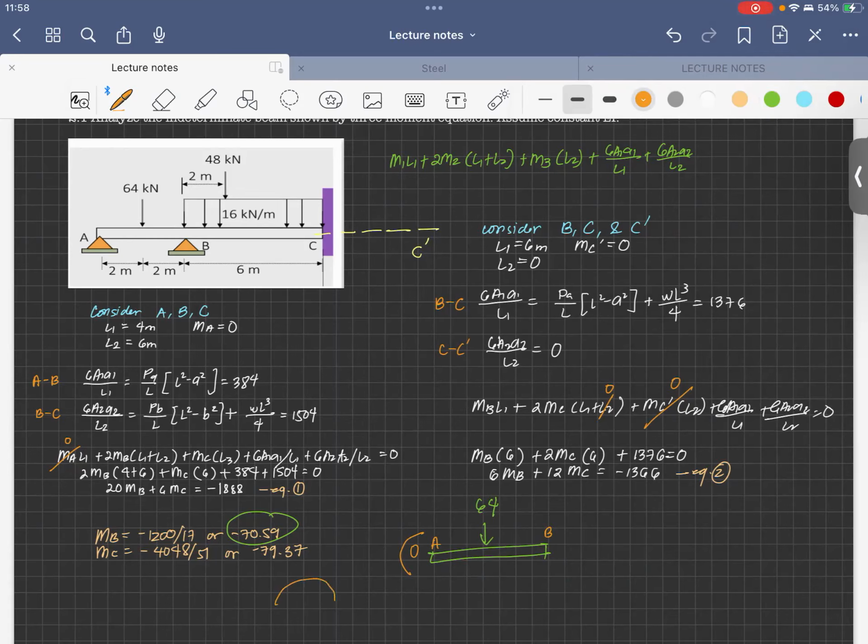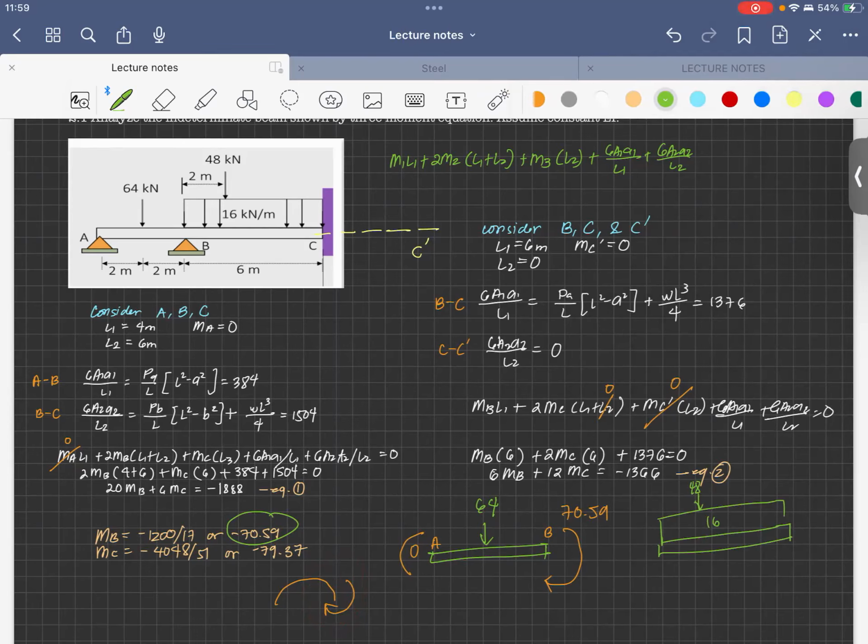Again, sad face yun, diba? Ang negative, nandito siya sa right. So, I'm going to write the moment like this. So, meron siyang 70.59. Now, kapag i-drawing ko naman yung segment BC, ganito naman siya. So, tapos ilagay niyo yung load, no? Yung 16 tsaka 48.